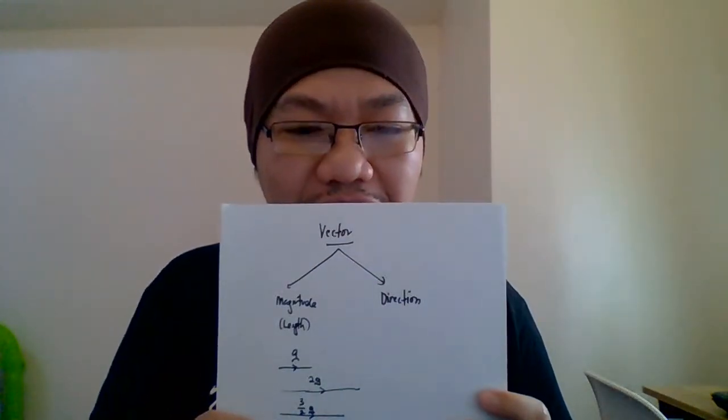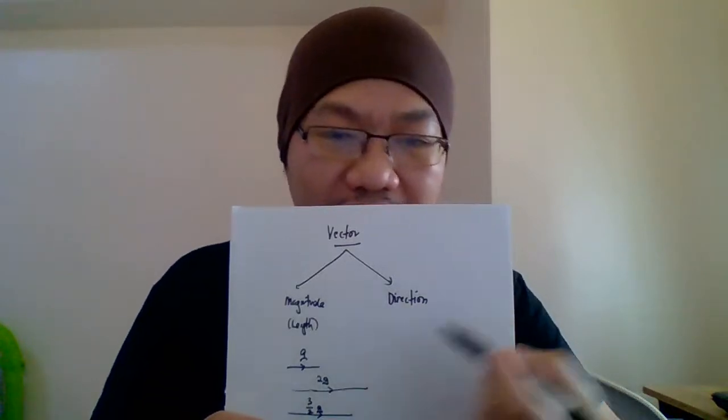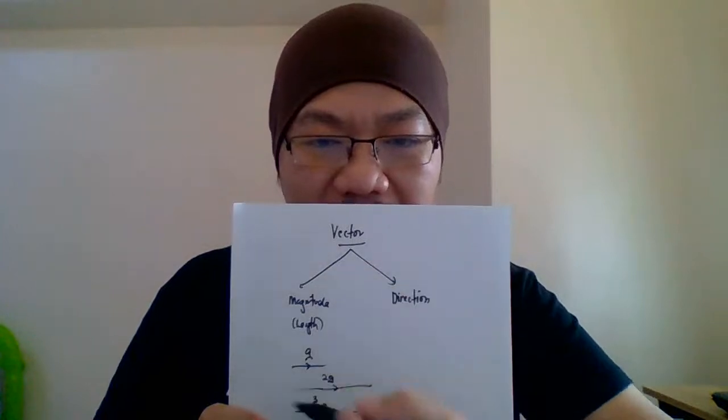Let's say, what else is important about this chapter? The direction. Just now I mentioned the negative vector, right? That means that involves the direction. We have already finished talking about the magnitude.